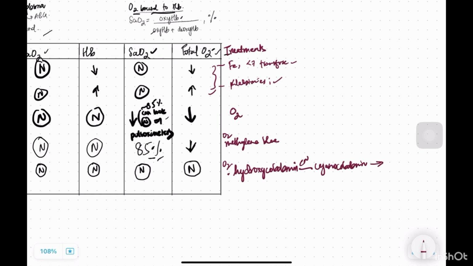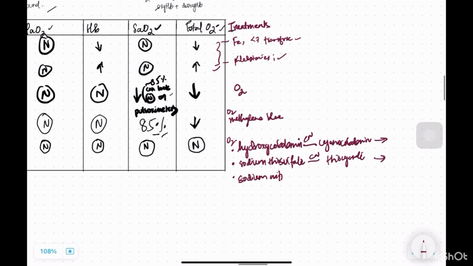And this is excreted in the urine. The other thing that you can do is give sodium thiosulfate. This gives sulfur to cyanide and it forms thiocyanate. And this thiocyanate is excreted renally. The third thing that you can do is give sodium nitrite or amyl nitrite.